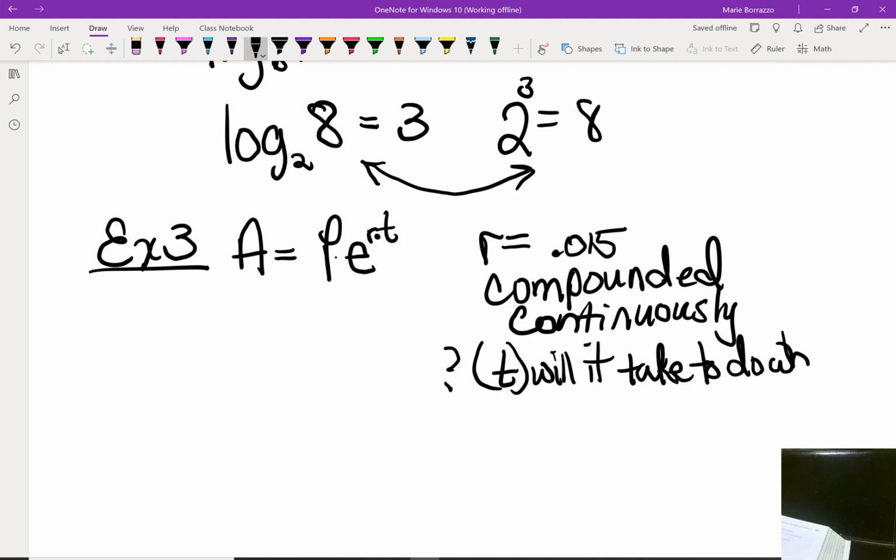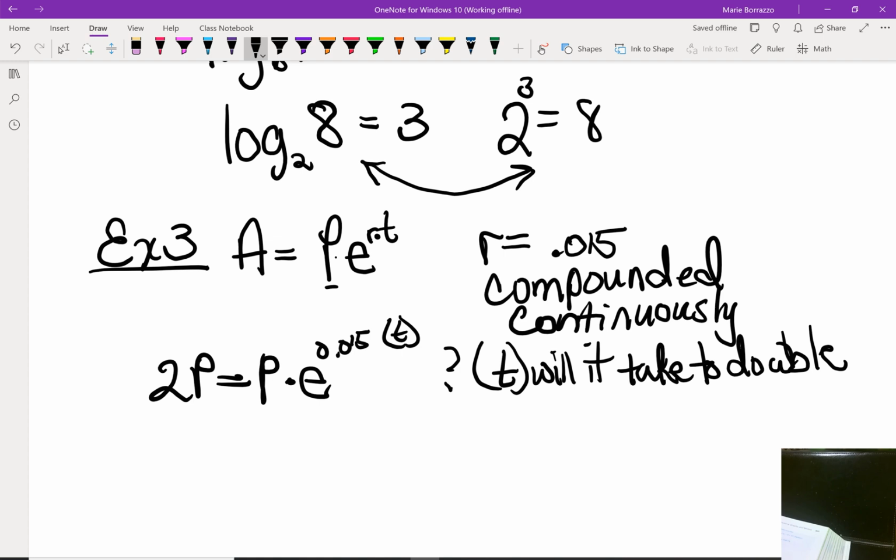When you see this question, before you start panicking because it seems like they didn't give you enough, remember that if P is the initial amount and I want it to double, then I want 2P. So we still have the P value times e raised to the 0.015 t, and we're looking for t. We don't know t.